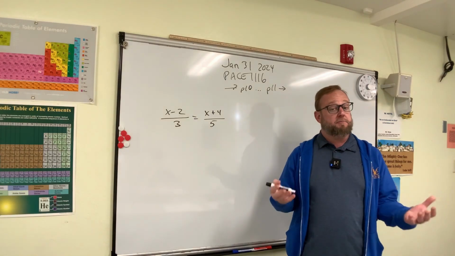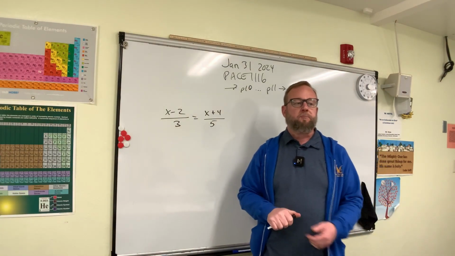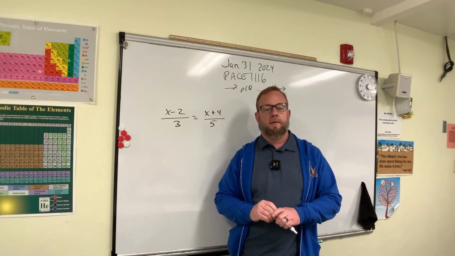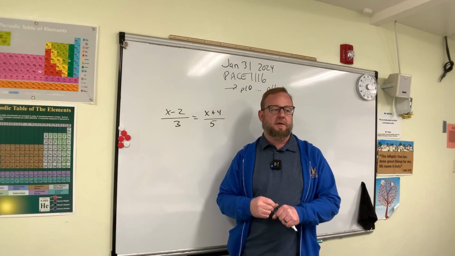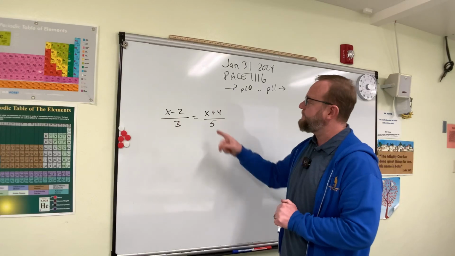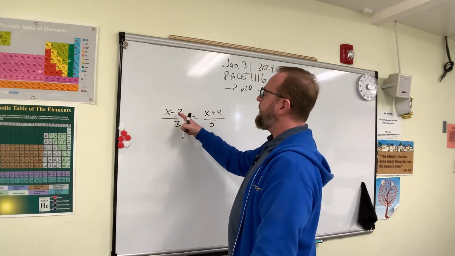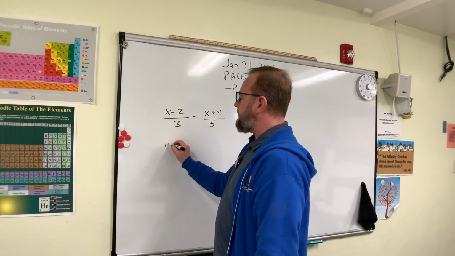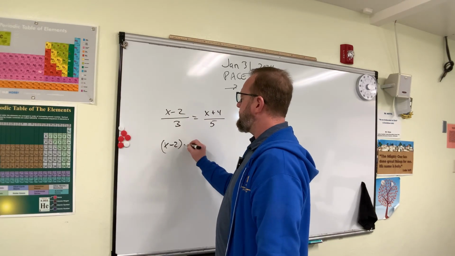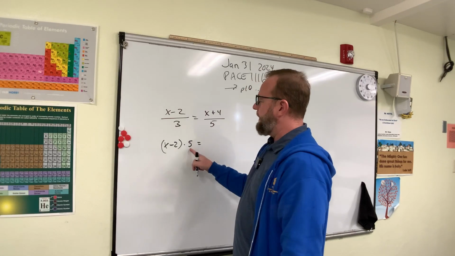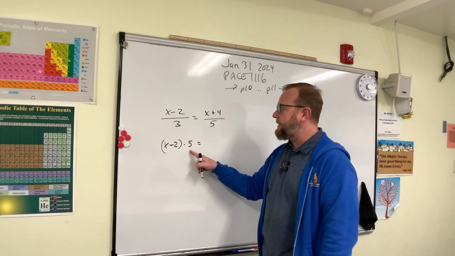Well, how many unknowns do I have in this proportion? It's kind of a trick question. It looks like 2, but there's really just one variable. So, x minus 2 times 5. Now, that's probably not the most ideal way to write that.